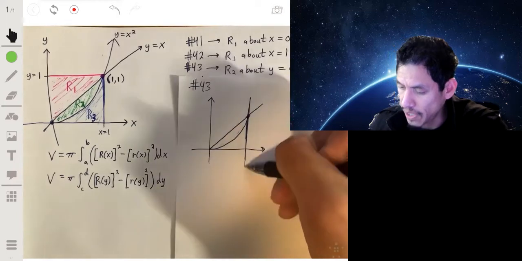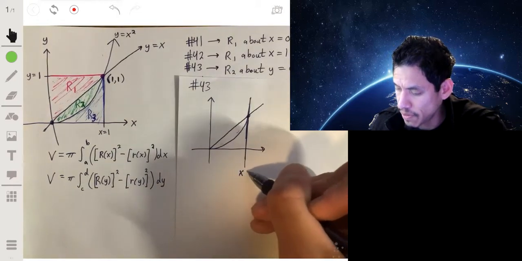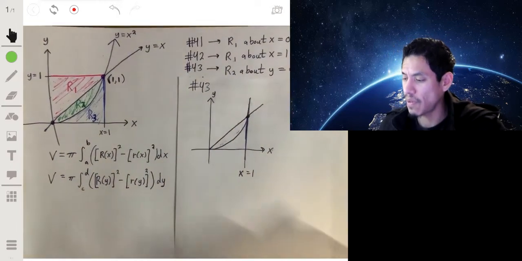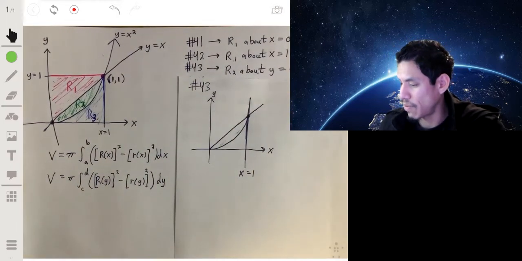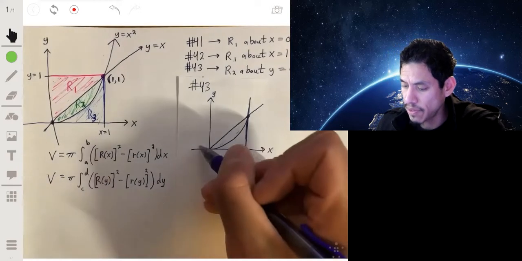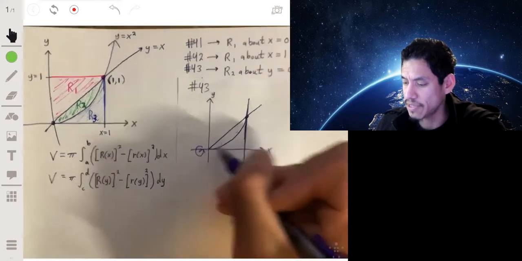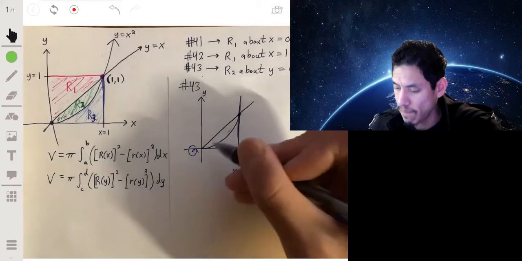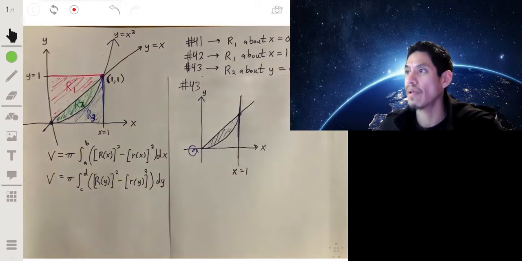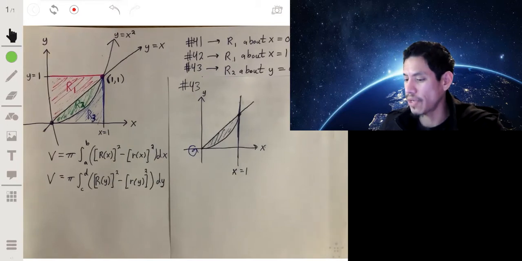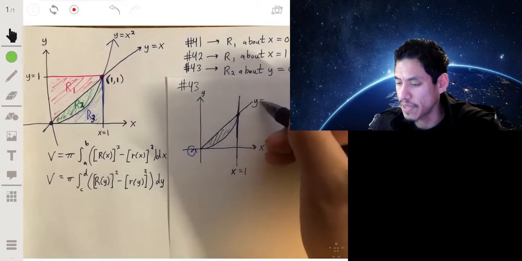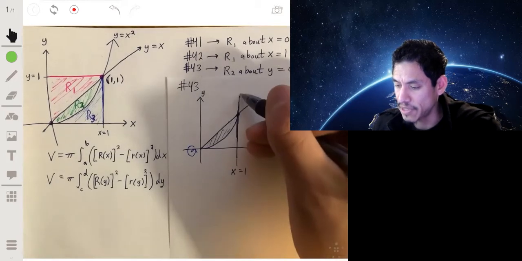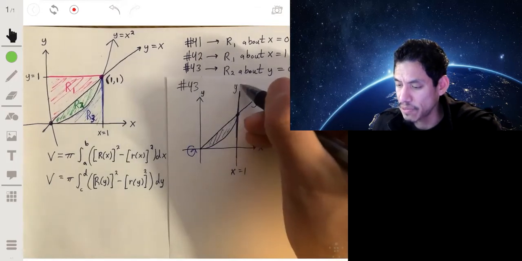This will be the line x equals 1, and we want to rotate about this axis. This is our axis of rotation. Let's make that y. That's y equals x. And then we actually need this line too. That'll be y equals x squared.